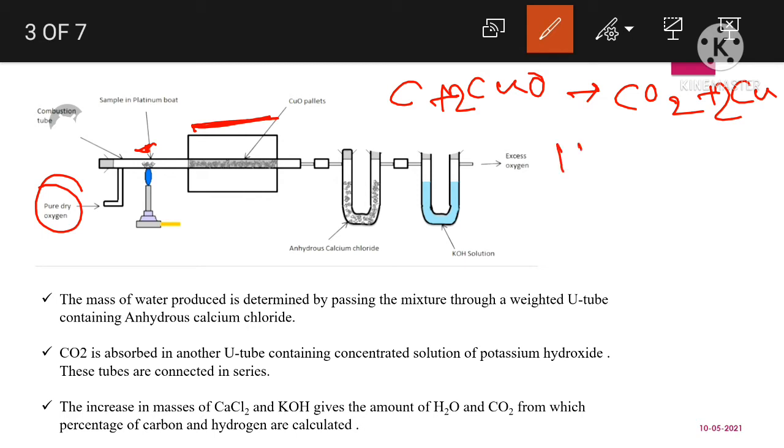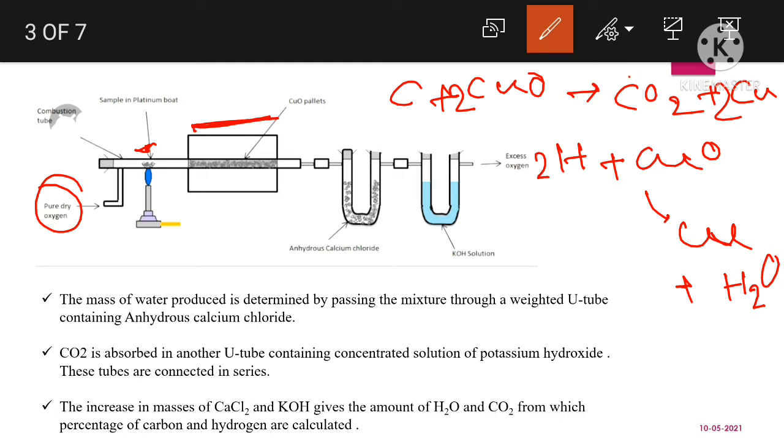And the hydrogen present in it will react with copper oxide and it will give you free copper plus water. Okay, so we will get this carbon dioxide and water.